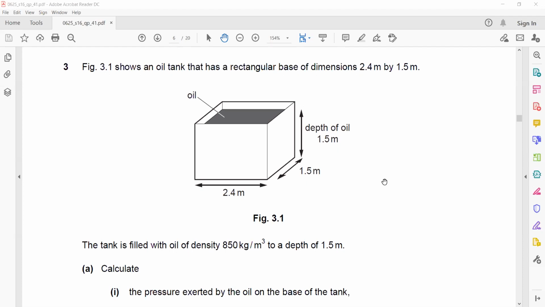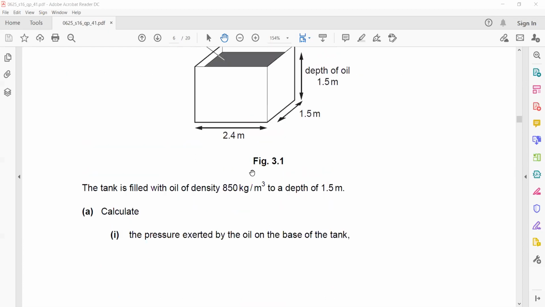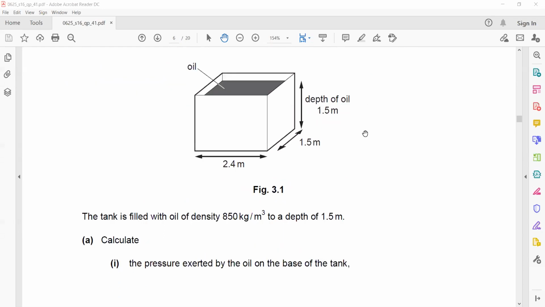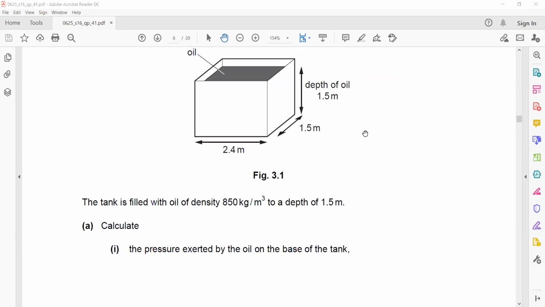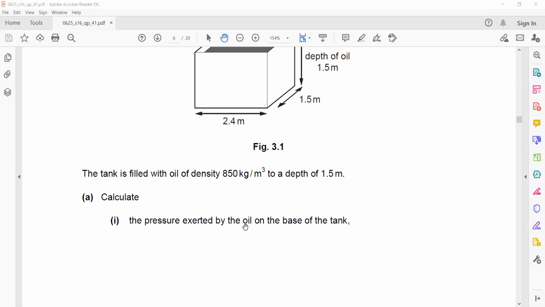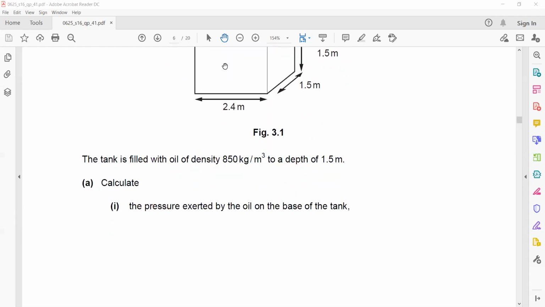Density is 850. Gravity is a fixed value, 10, and the depth is 1.5. When you multiply all these three factors, you will get approximately 13,000 Pascal.